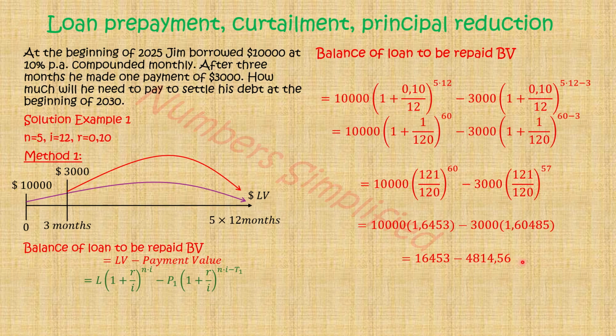This is because when we multiply with the 3,000, the comma was shifted a number of times so that we have the cents there. Then, of course, simplifying this one here would give us our final answer of $11,638.53. So that will be our answer.